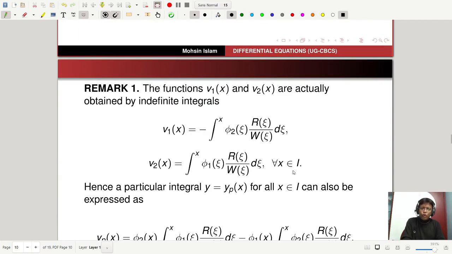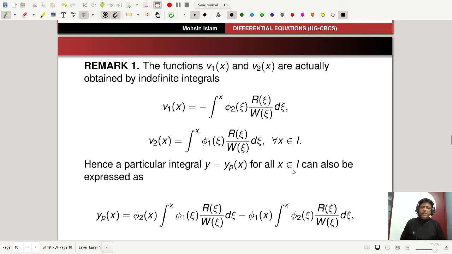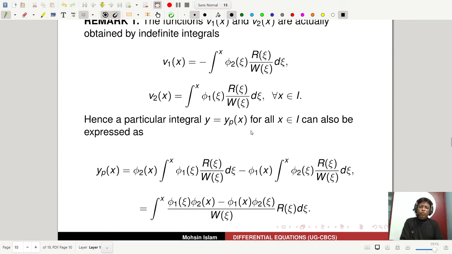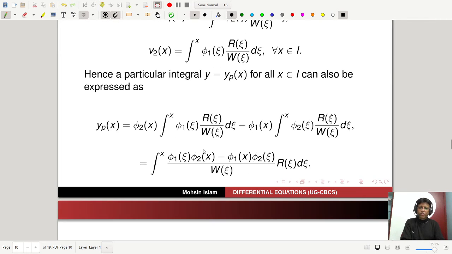And remark 2: the functions v1x and v2x are actually obtained by indefinite integrals, v1x equal to minus integral of phi 2 xi R xi by the Wronskian W xi d xi, and similarly v2x. Hence, a particular integral y equal to ypx for all x belonging to I can also be expressed by replacing v1 and v2 with these integrals.